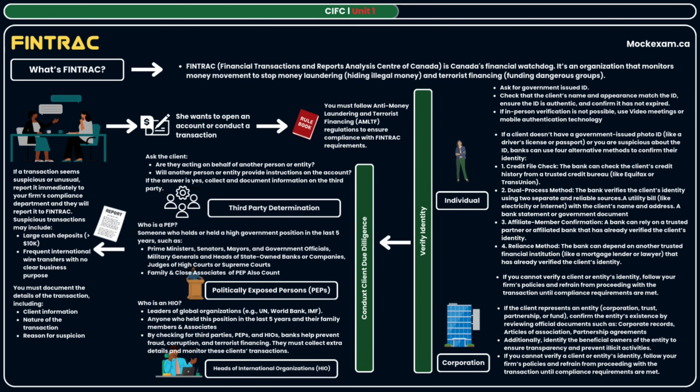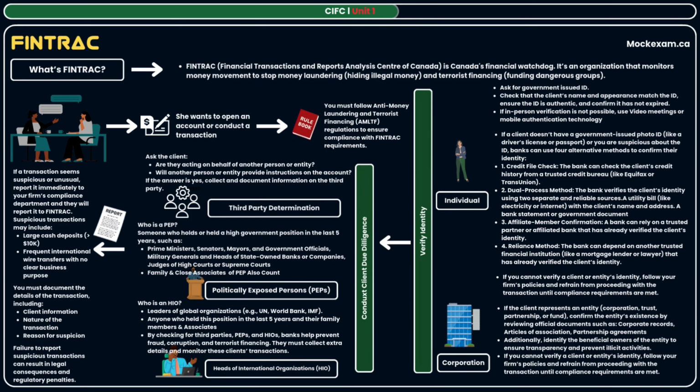You have to mention and document everything when you face such a client. What if you're lazy and don't document anything? Failure to report suspicious transactions can result in legal consequences and regulatory penalties. So please document them. Don't be lazy.